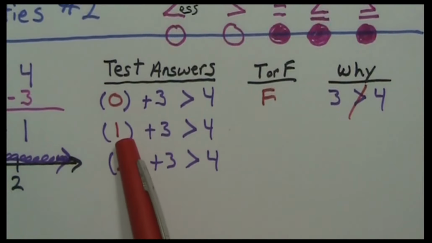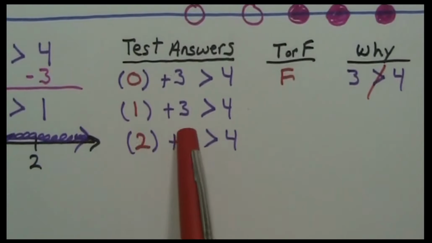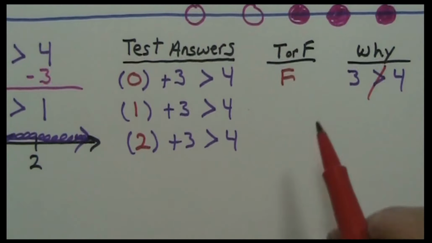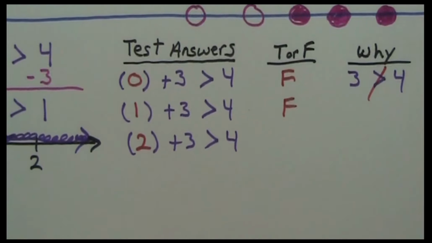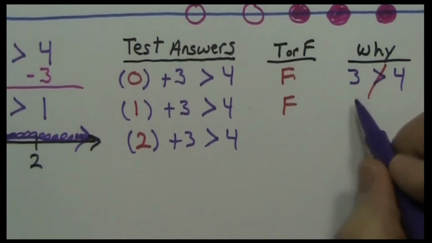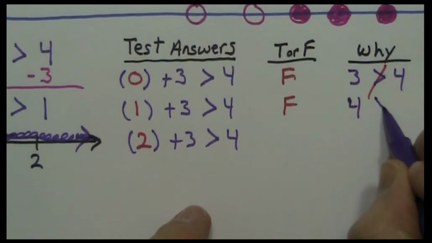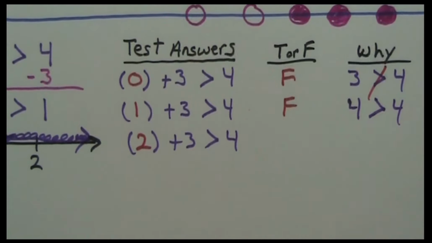What if I plug a 1 in there? 1 plus 3 is greater than 4? Is that true? No, that's false. Why is it false? Because this is 4. Is 4 more than 4? No, 4 is not more than 4.